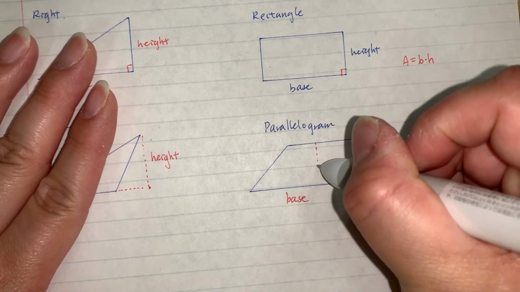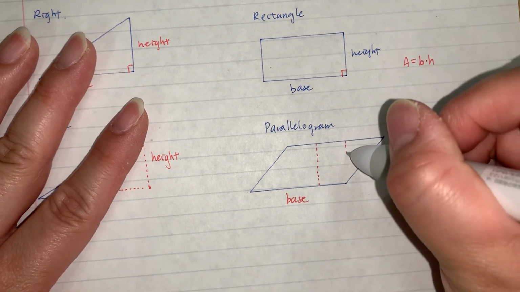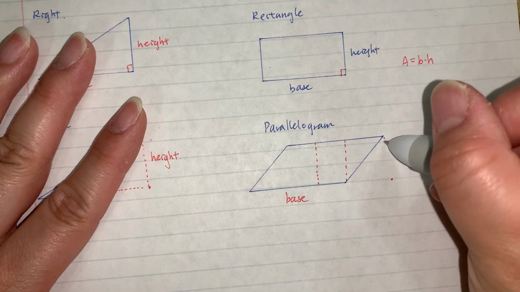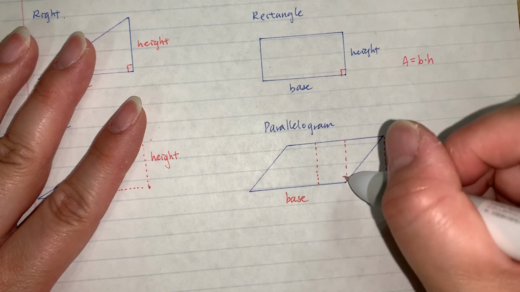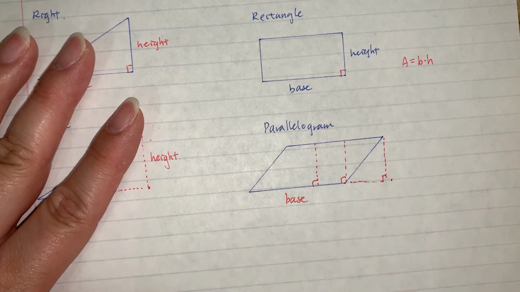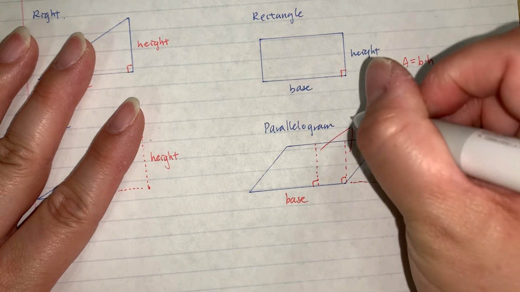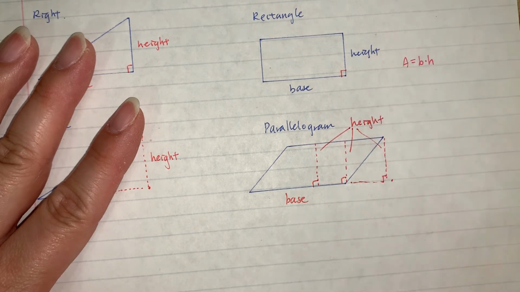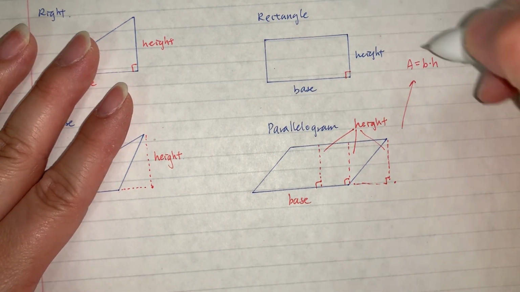It can be smack dab in the middle of my parallelogram. It can be right here at this corner, or it can be out here just like my obtuse triangle by extending this out. But notice the similarity between all three of these. They're exactly the same and they all make 90 degrees with my base. So these are all heights, and area is still base times height.